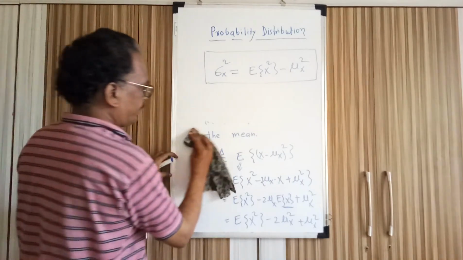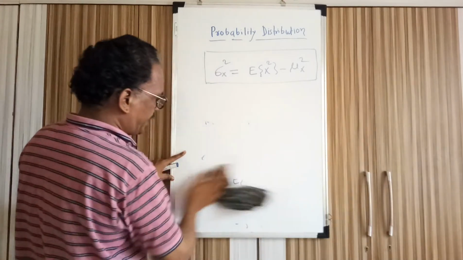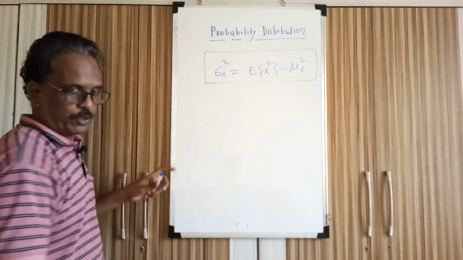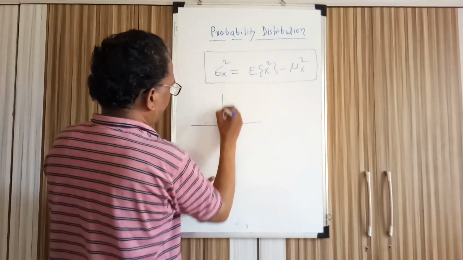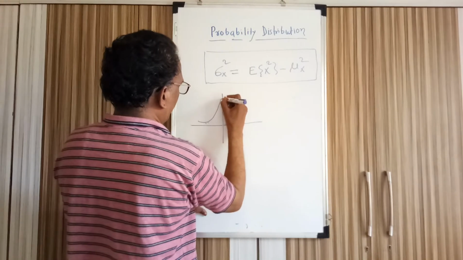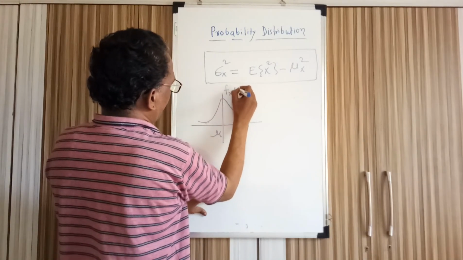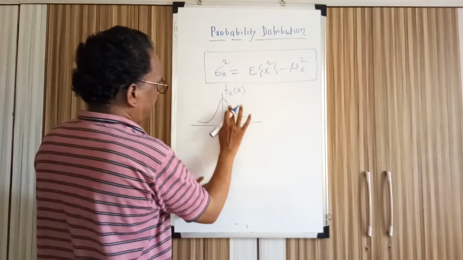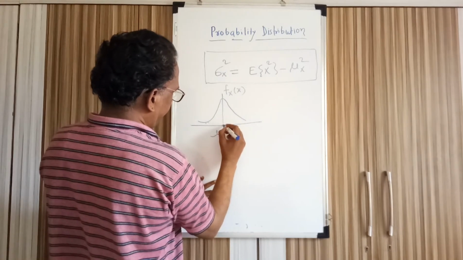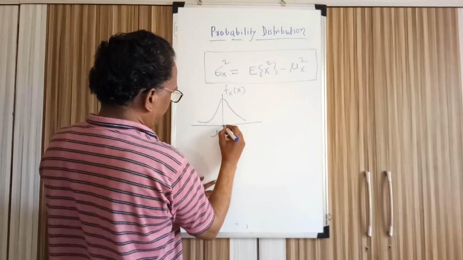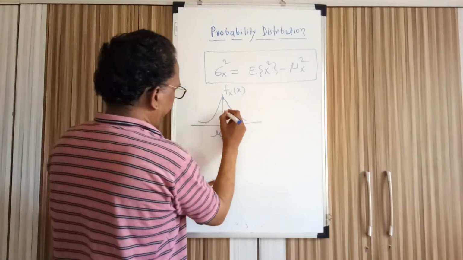So variance is a measure of deviation about the mean, how the random variable is varying about its mean. Suppose in this first graph I am plotting the density function of a random variable, and this is my mean. The probability that the random variable takes the value mu x is maximum, and there is deviation about this.